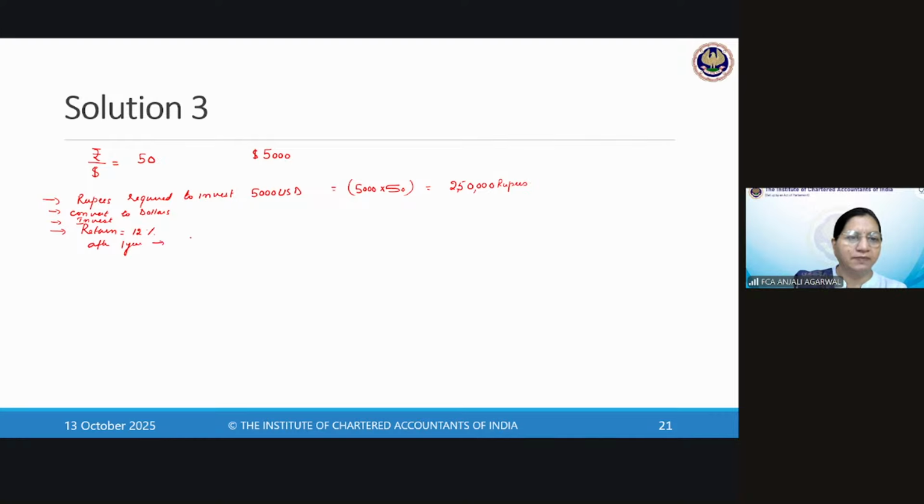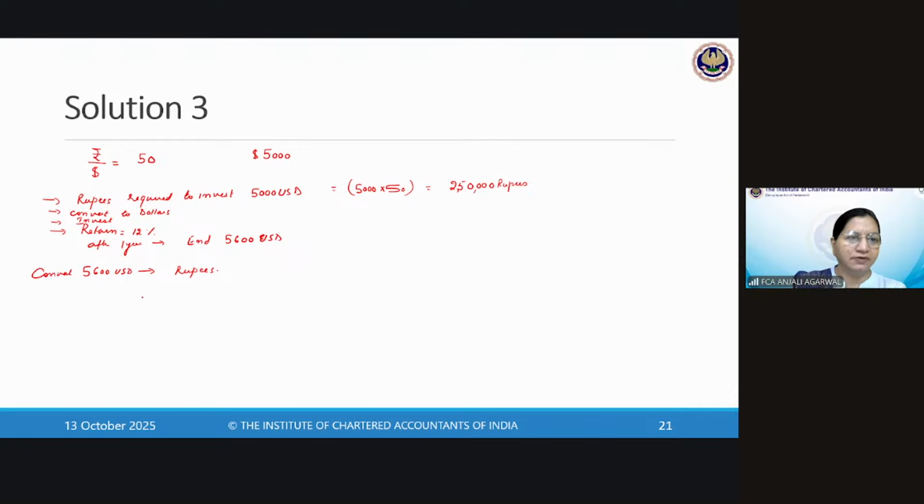So you end up having in your hand $5,600 at year end. Now you need to convert $5,600 back to rupee, in your home currency.